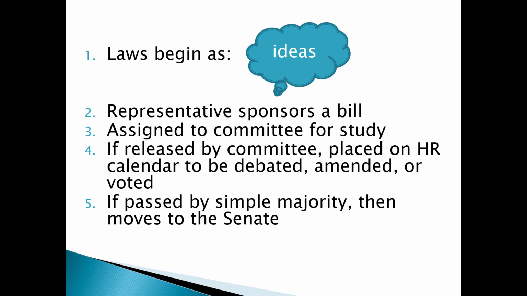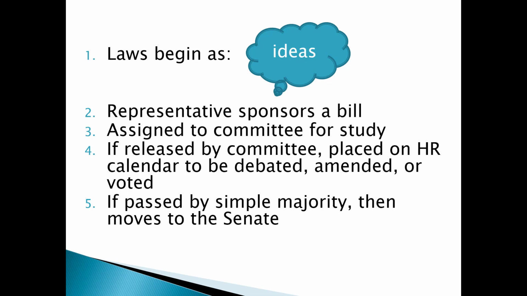And that chair wields an exceptional amount of authority because that chair can determine whether or not that bill is even read or not. So the party in power gets to assign committee chairs, and those chairs can determine which bills even get read by the committee, not even making it past the committee, but they can just get squashed, or they can actually be read, and as we'll see, they can be debated, they can have some amendments made to them, and then they're voted on by the committee.